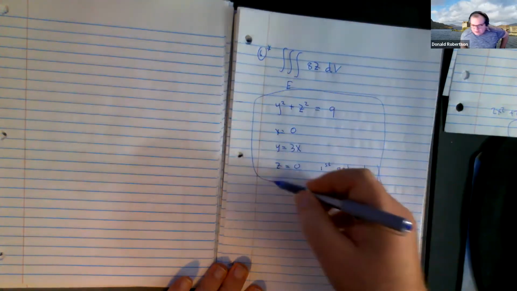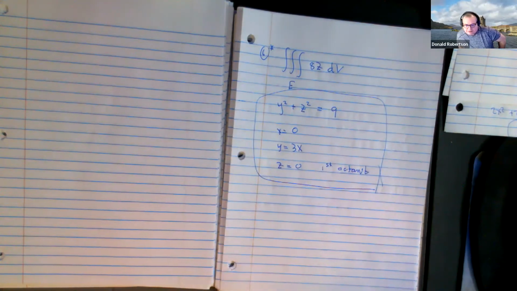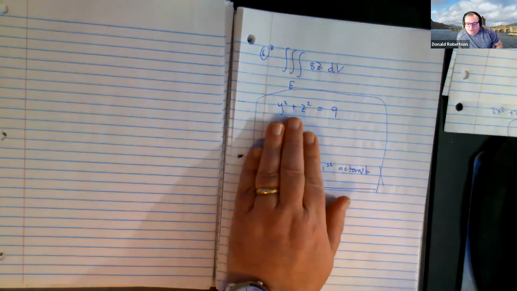That has to generate my limits of integration for x, y, and z. Okay, we've got to figure out how to take all of this information and make sense of it. Okay, let's take this piece of information since it was given first.